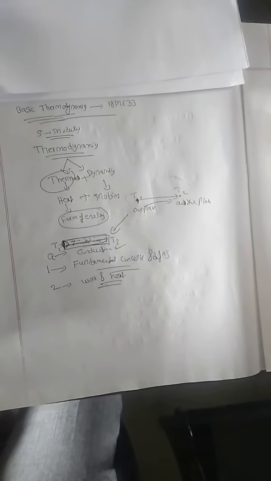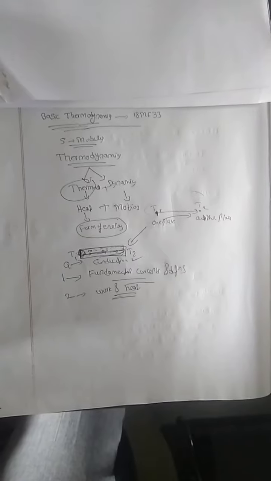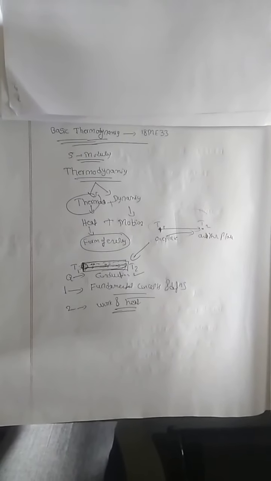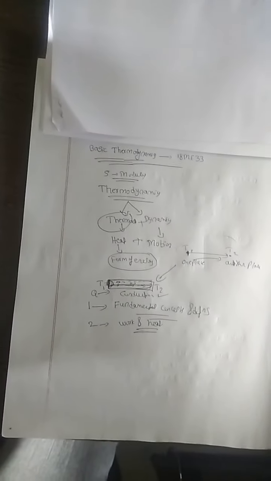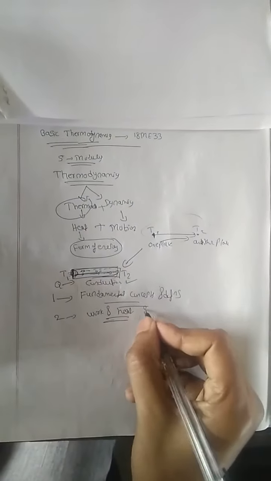In work and heat, we study the mechanical definition of work and heat, and work done for various processes, that is PV work done: isobaric, isothermal, constant pressure, constant volume. You have to study these one by one in this module, along with simple numericals. This module also consists of another part.